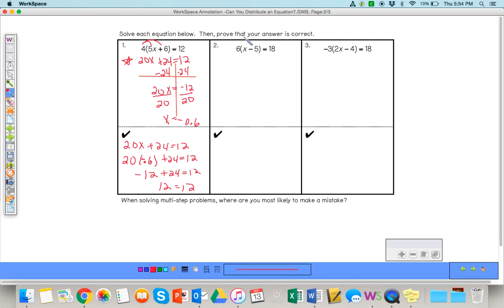Okay, in our next problem, we are going to do 6 times x, which gives us 6x. 6 times negative 5, which gives us negative 30. And that equals 18. So again, we draw our line through the equal sign. We are going to add 30 on both sides.